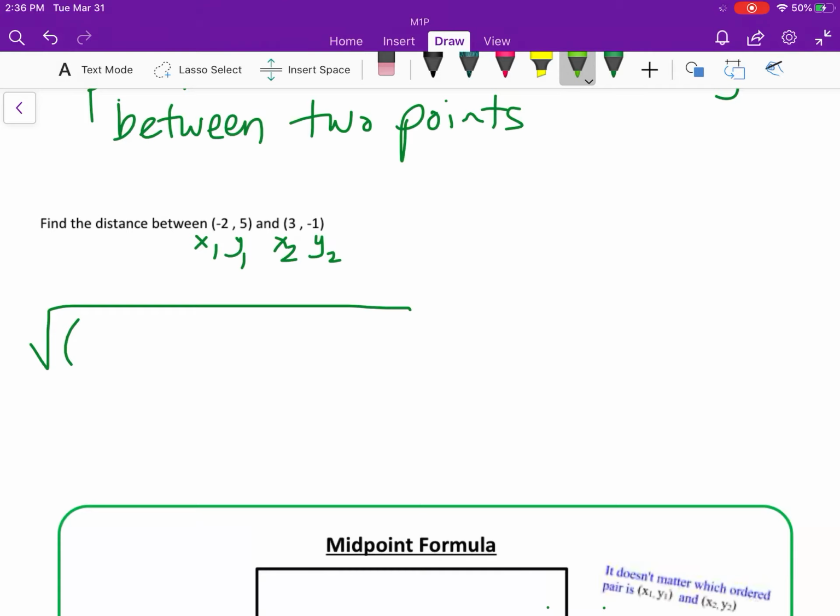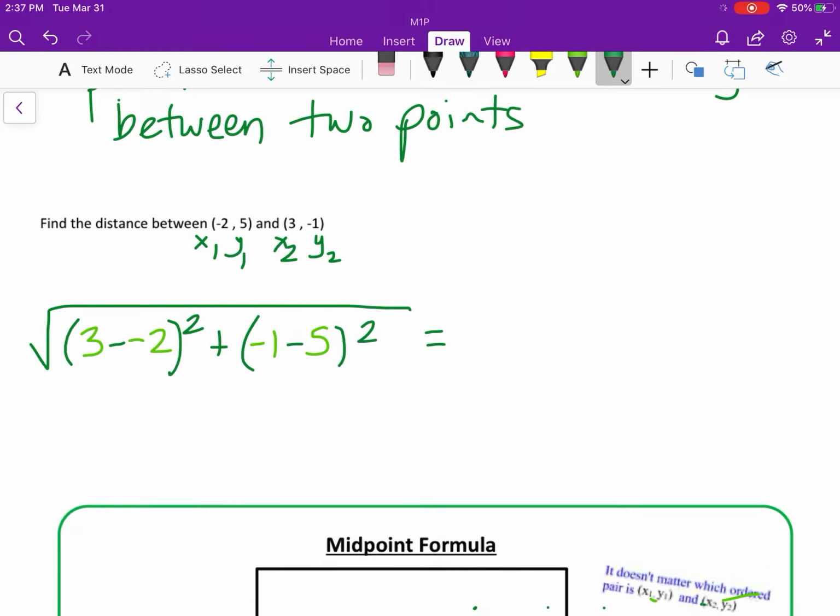Okay, I know I've got x2, which is 3, minus x1, which is negative 2, squared, plus y2, which is negative 1, minus y1, which is 5, and square that.